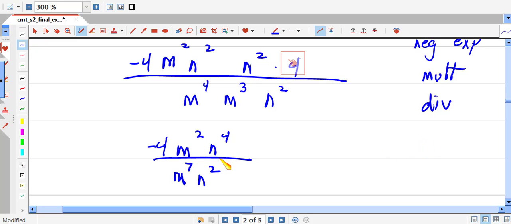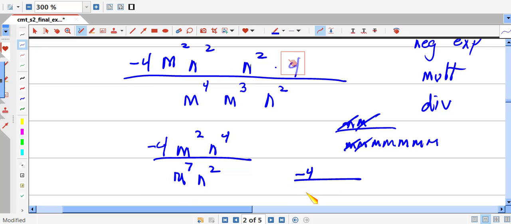Okay, so now I'm going to use the division rule, and let's see, I have 2 m's at the top, 7 m's down below. I can cross out 2 of them, leaving me with 5 in the denominator. So negative 4 over m to the 5th. And likewise, with 4 n's in the numerator and 2 in the denominator, I'm going to cross out 2 of them and leave 2 in the numerator. And then that's my solution.